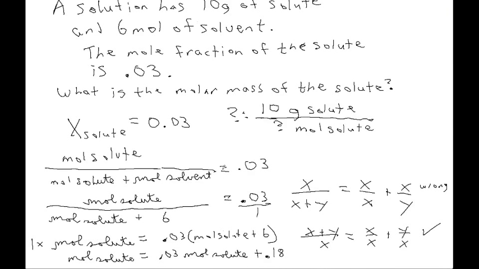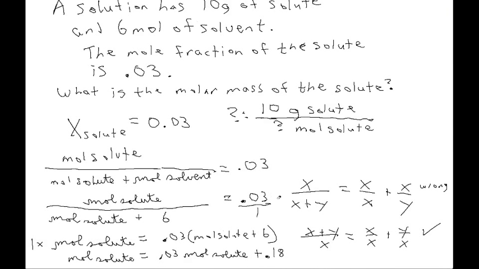Well, then we would have to subtract the moles of solute, so 0.03 moles of solute minus 1. So then that would be 0.07.